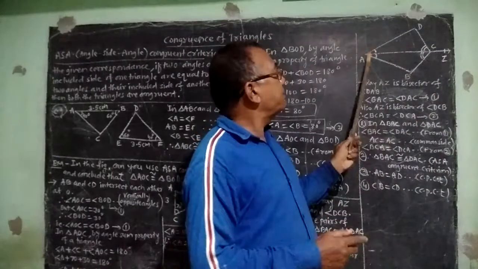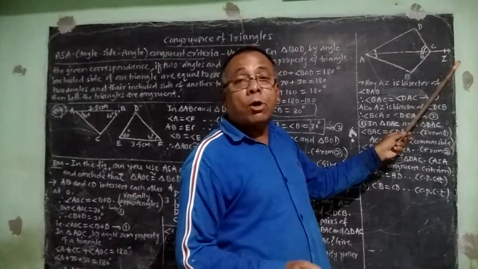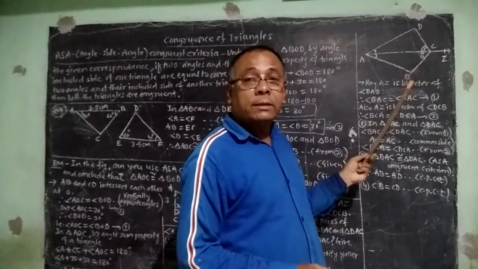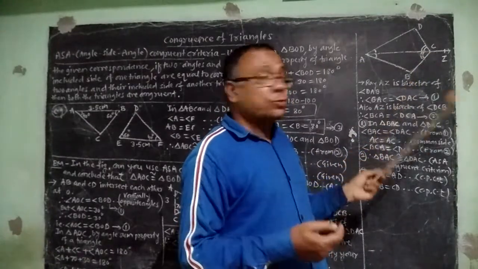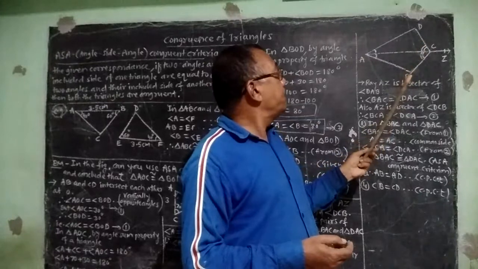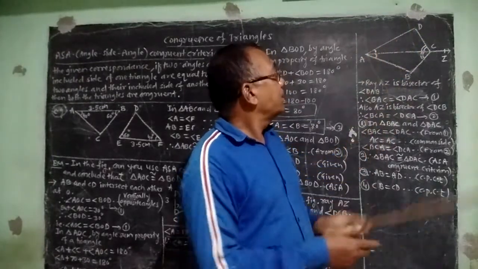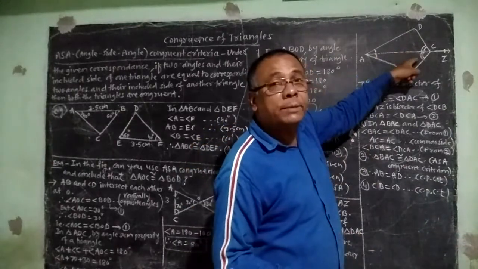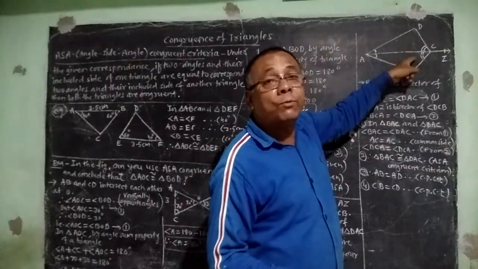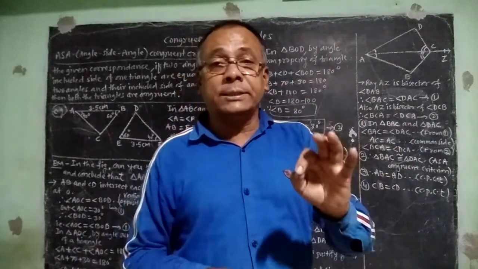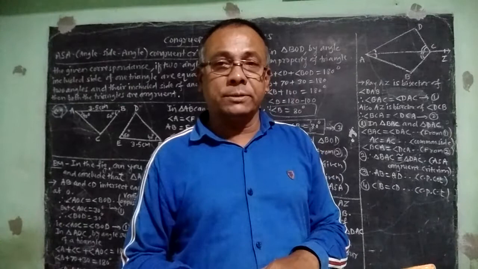Similarly, AZ is the bisector of angle DCB. It is also a bisector, so that we get angles BCA and DCA. These are two angles which are equal in measure. Again, these two equal angles are represented by the same marks.